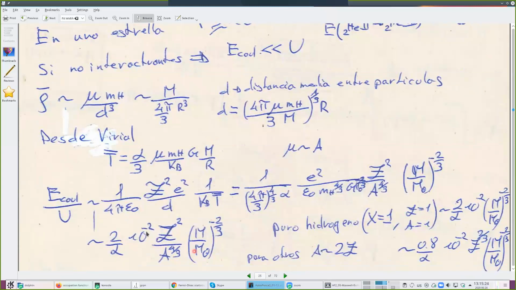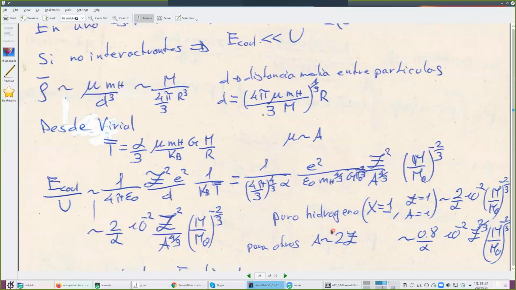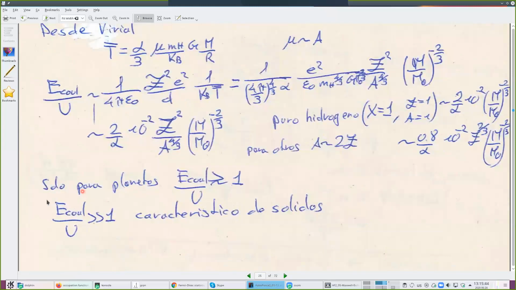But if you do all the calculation, we see that normally the ratio between Coulomb energy and internal energy is really small, about a few percent, 1-2%. So it's almost negligible. Only in planets can it be really high, because the mass is small, and with smaller mass it becomes comparable.